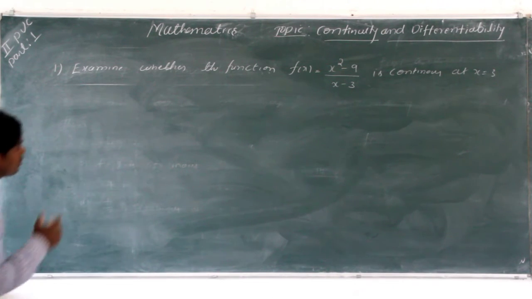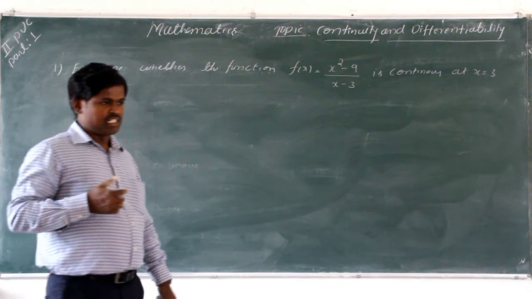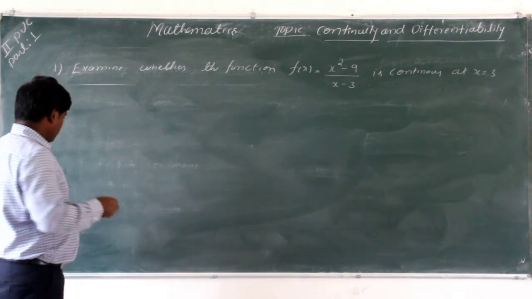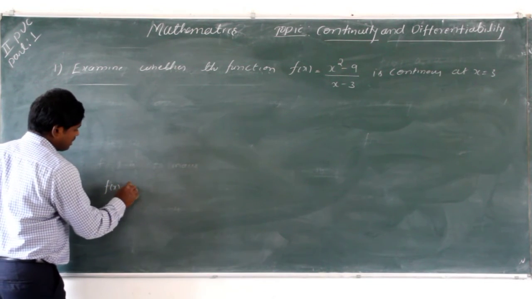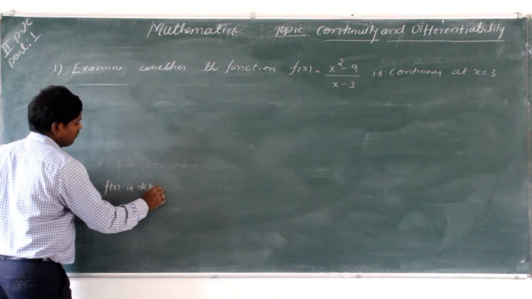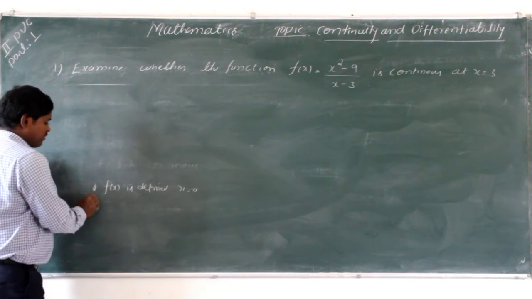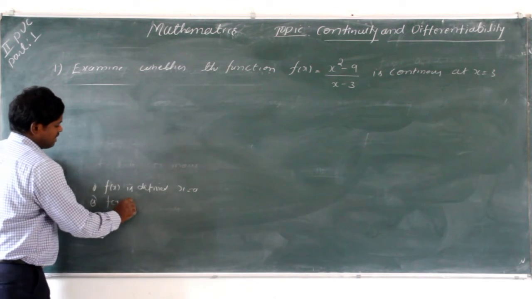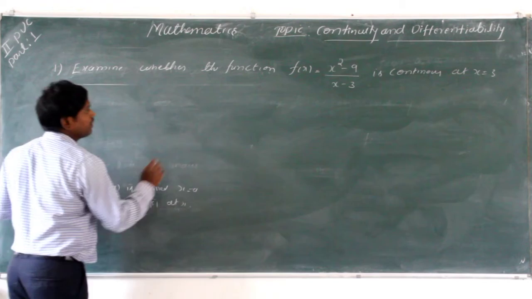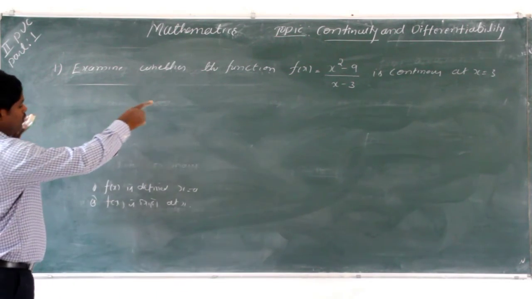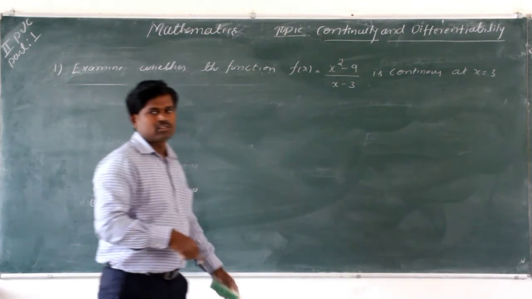So observe. You already know the definition of a continuous function: the limit of the function f of x is defined at x is equal to a, and the second condition, f of a exists. But here we are going to verify whether the function f of x is defined at x is equal to 3 or not.